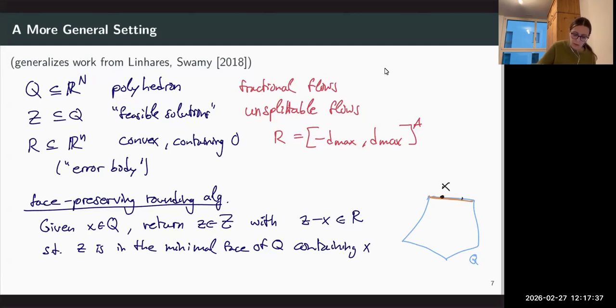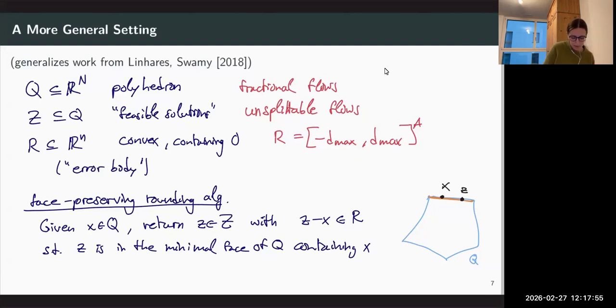And then I want Z to also lie within the same phase. That's the condition. In general, you could say conjecture 2 doesn't promise me anything about being phase preserving.